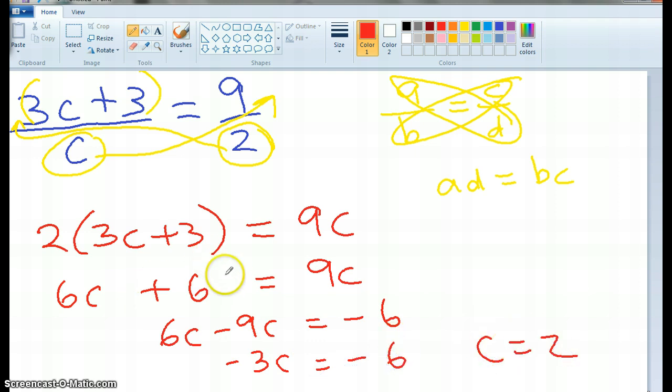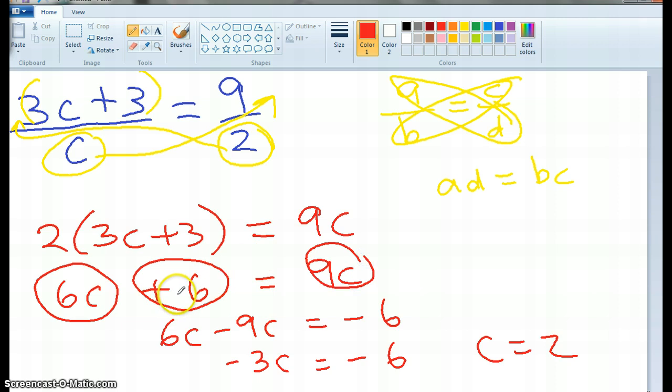Or you could have seen here 6c plus 3c is 9c, so 3c must equal 6. Okay? Make sense? So c is 2. I didn't see it like that, but because we know C is 2, I know. Okay. So does that make sense with the whole funny symbol-y thing?